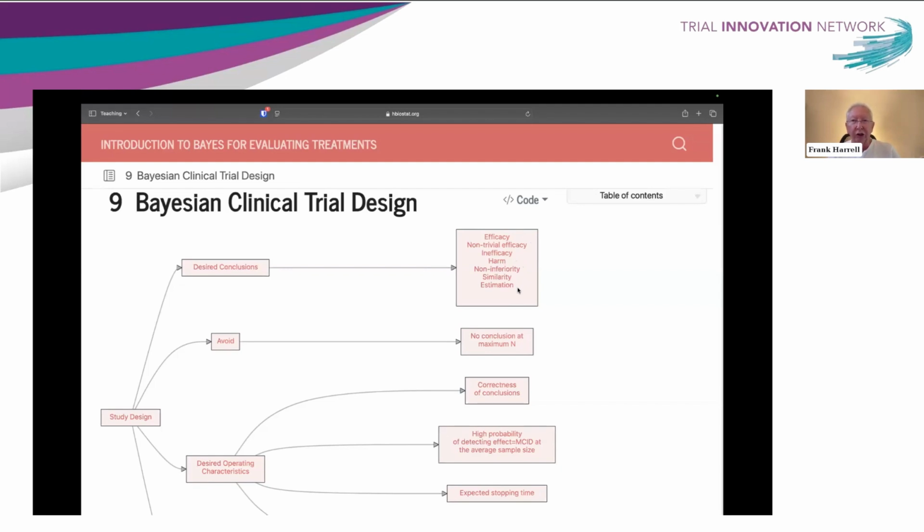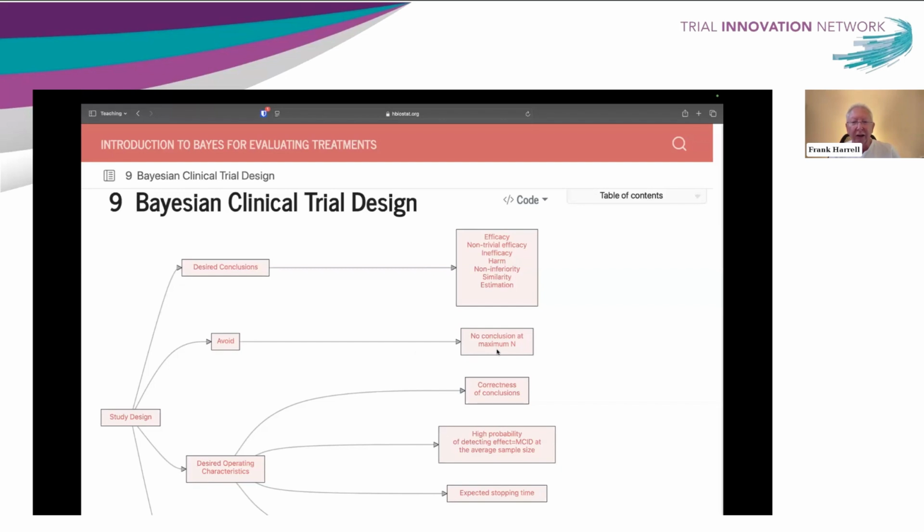That's often the case in a dose finding or dose response study, but it can be the case in a regular treatment comparison too. What we really want to avoid at all costs is the single most common outcome of clinical trials in the history of clinical trials. And that is, you get to the end of the trial and you don't know any more, after the trouble has been made and you've put patients at risk, than you knew before the first patient was randomized.